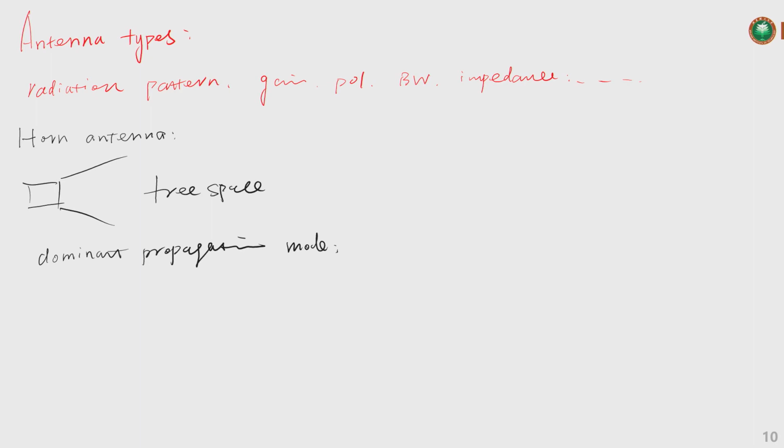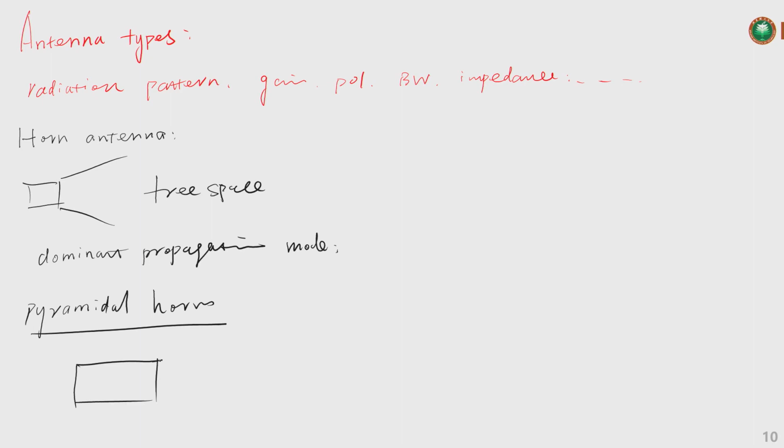However, we have another kind of antenna, the pyramidal horn, and usually the cross section of it looks like this one, right?